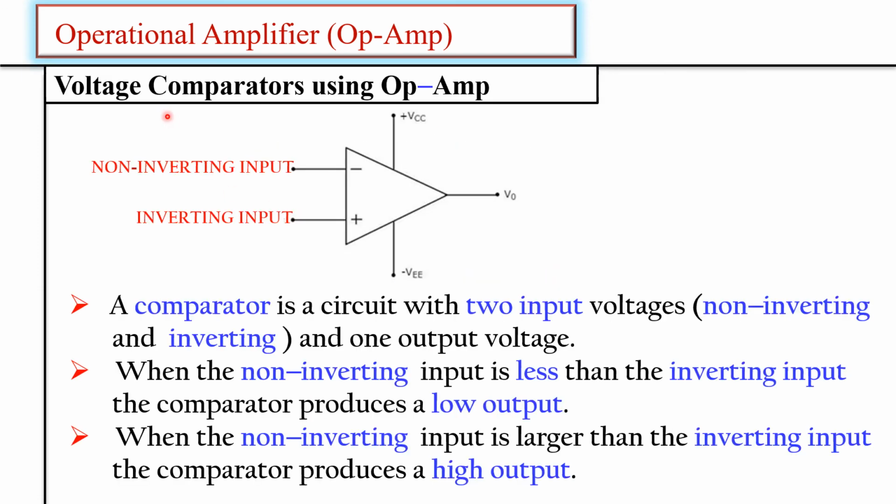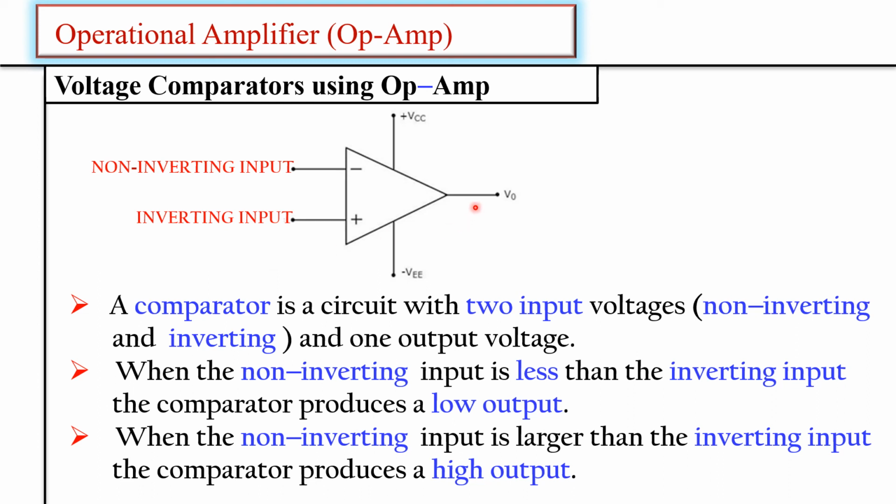Voltage comparator using op-amp. Here is a schematic of the comparator circuit. A comparator is a circuit with two input voltages, the non-inverting input and the inverting input, and one output voltage. When the non-inverting input is less than the inverting input, the comparator produces a low output voltage, and when the non-inverting input voltage is greater than the inverting input voltage, the output is high.